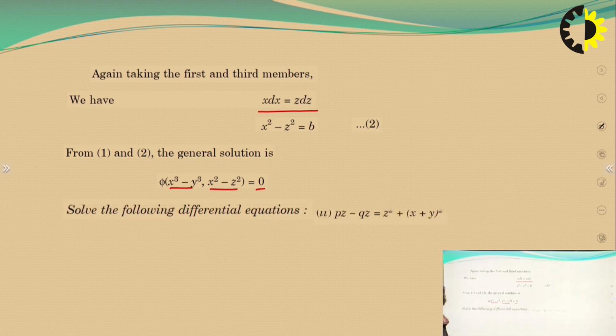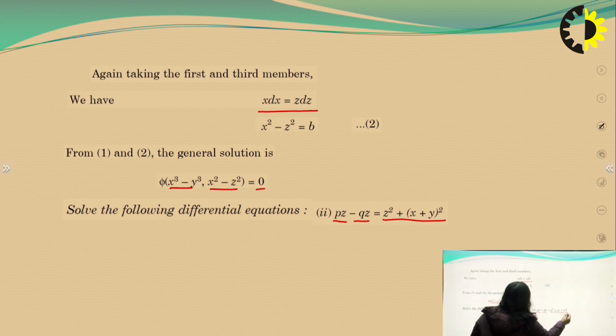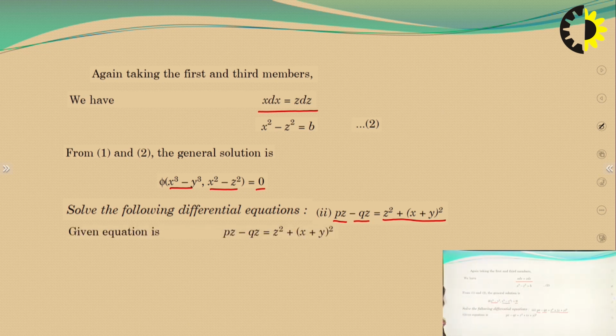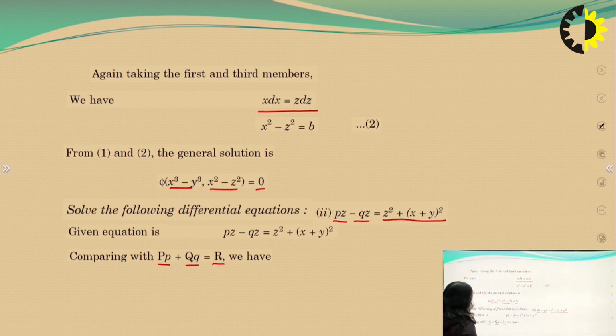Now let us take one more example. Suppose I take pz minus qz equal to z square plus x plus y whole square. Now the given equation can be compared with Pp plus Qq equal to R. So on comparison we get P as z, Q as minus z, R as z square plus x plus y whole square.